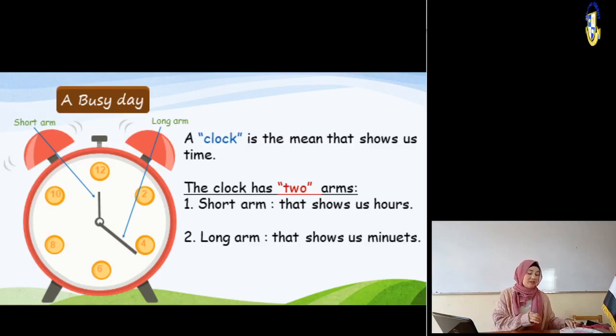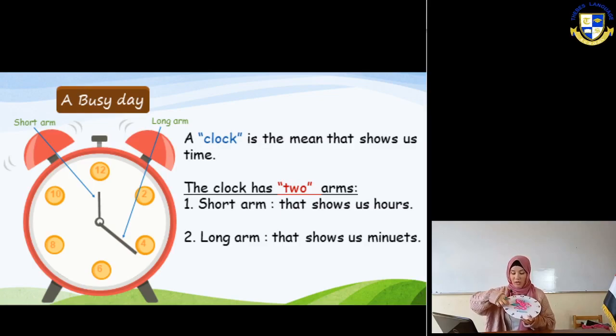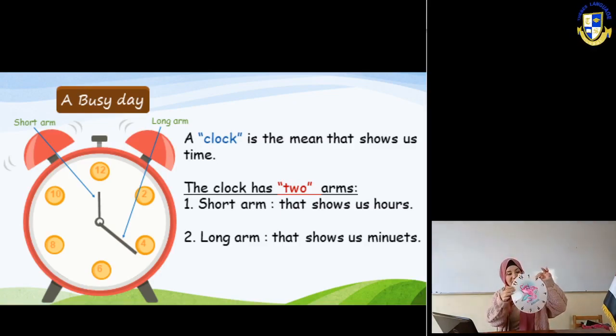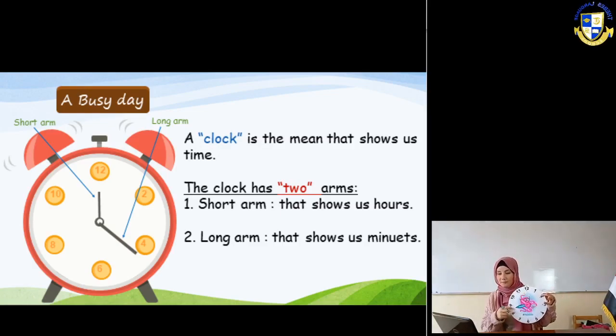Now, in the clock, we have two arms, one short arm and one long arm. A clock is the means that shows us the time. We know the time from this clock.